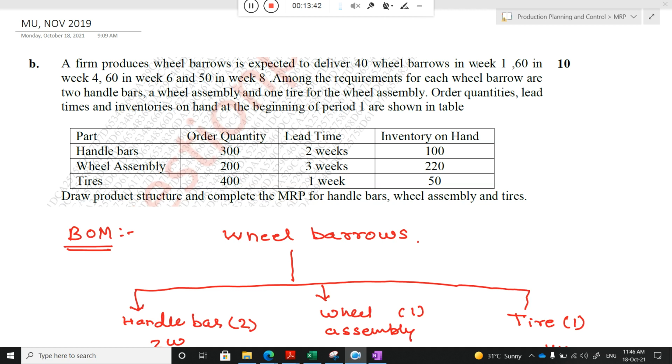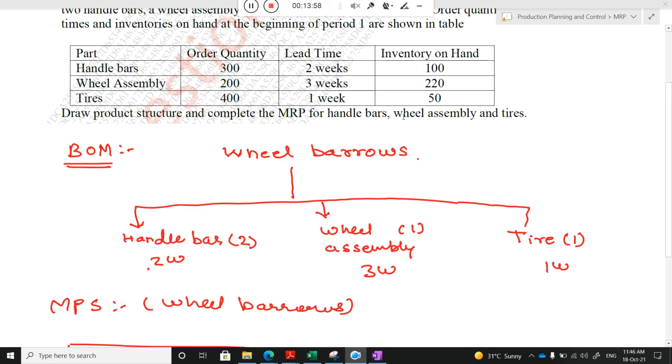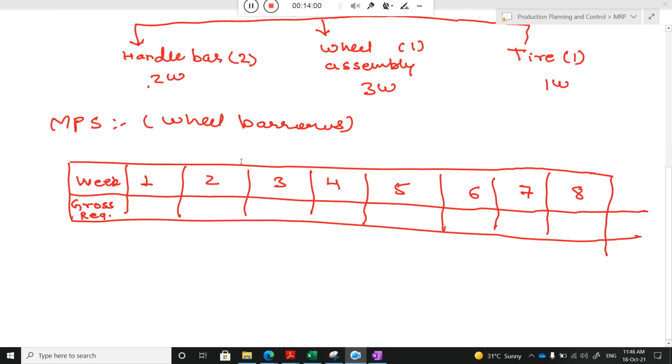What is the requirement at week 1, class? Can you tell me?